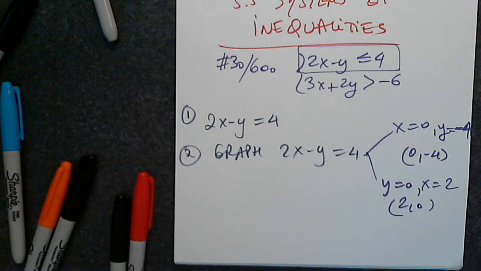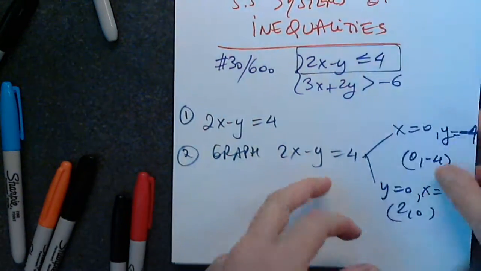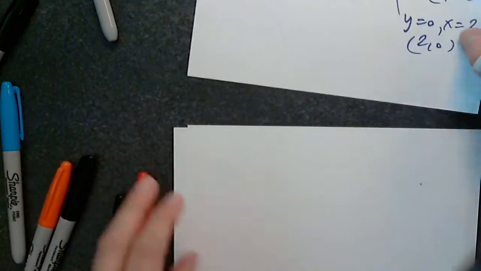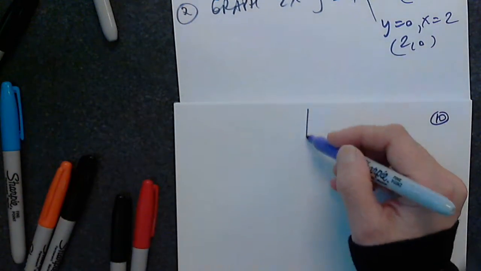I'm not changing the inequality into an equation, but I'm just writing the equation because I need to graph it. In step 2, I found the x and y intercepts. In step 3, I will graph the inequality, but not yet.